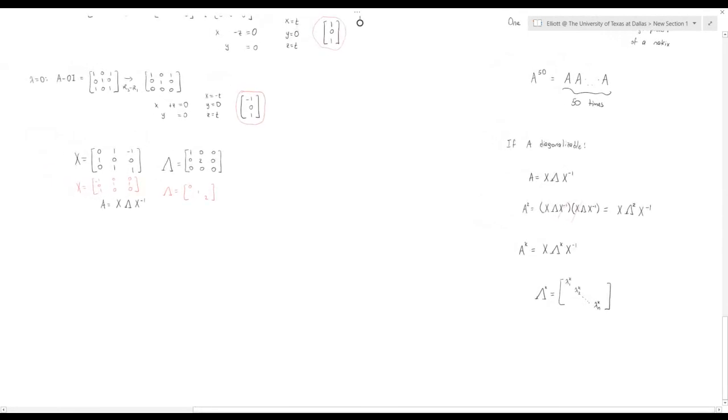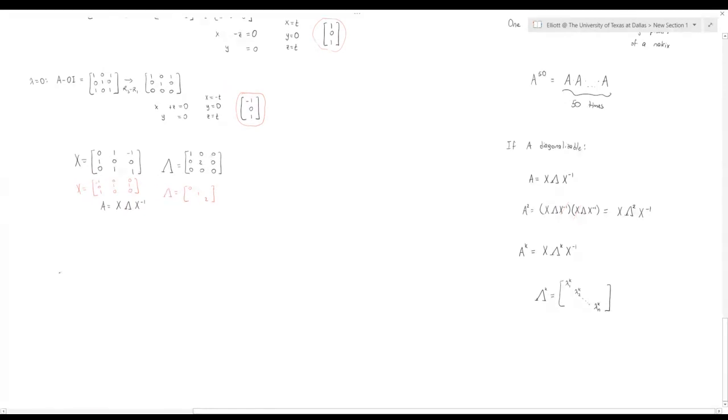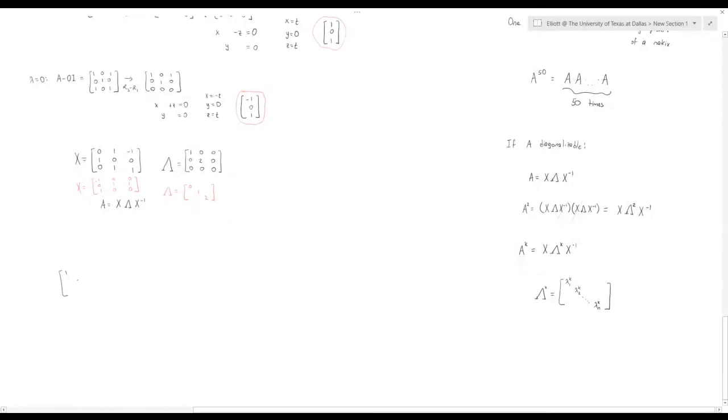So then, just as a small illustration over here, let's say that given the original matrix A that we had, we wanted to raise this to a somewhat high power, let's say to a power of 10.